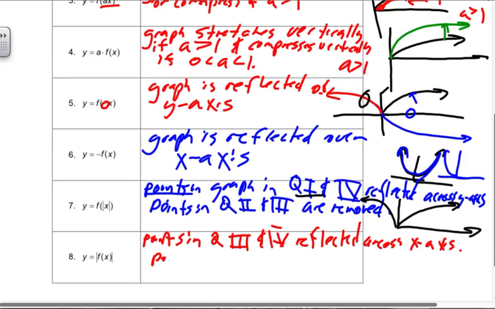Points in quadrants 1 and 2 do not change. So you don't do anything to them. Okay? So in this case, with this guy here, my reflected one would stay where it is. All right? So that's what you need for this one.